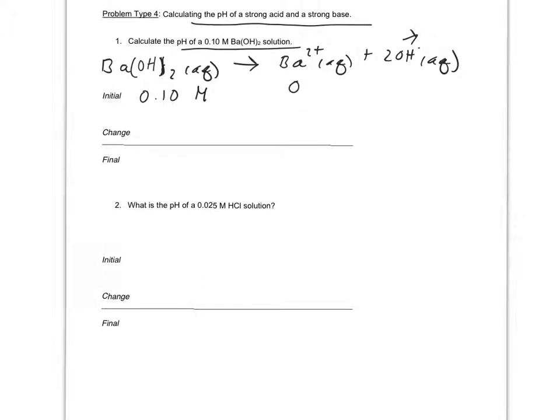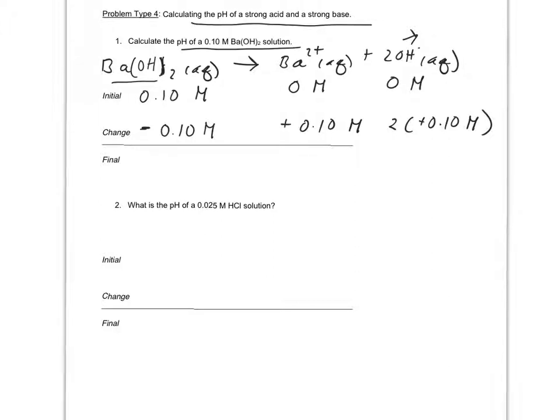We don't have any barium ions or any hydroxide ions yet because initially they haven't formed. Since this is a strong base, it's going to completely dissociate. So all of the barium hydroxide will dissociate into ions. All of this concentration will be used up to form 0.10 molar of our barium ions and 2 times 0.10 molar of our hydroxide ions.